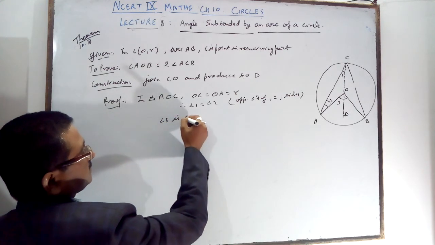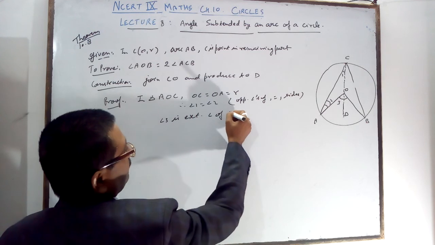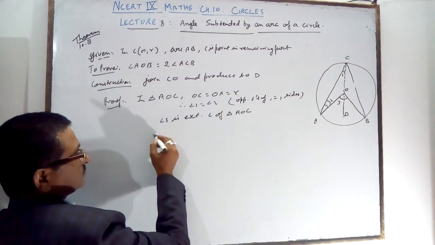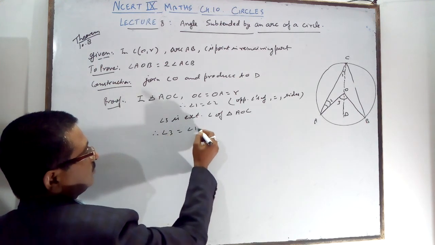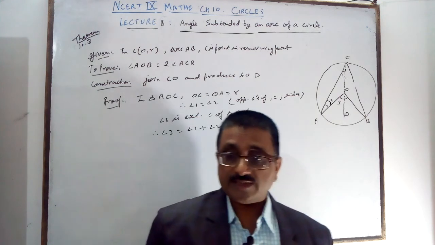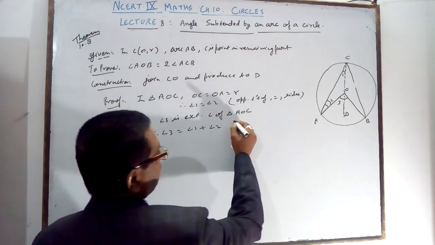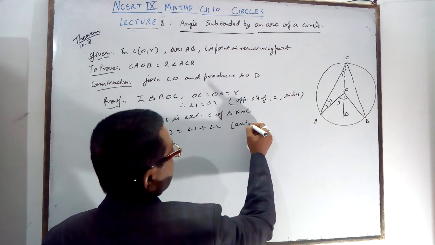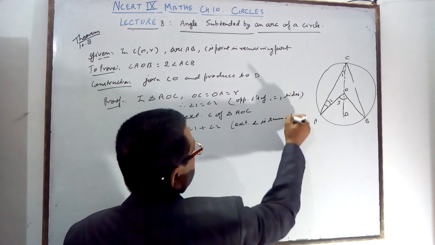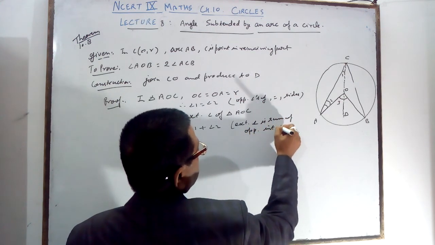Angle 3 is the exterior angle of triangle AOC. So angle 3 is equal to angle 1 plus angle 2. It is a property of a triangle: the exterior angle is always the sum of the opposite interior angles.